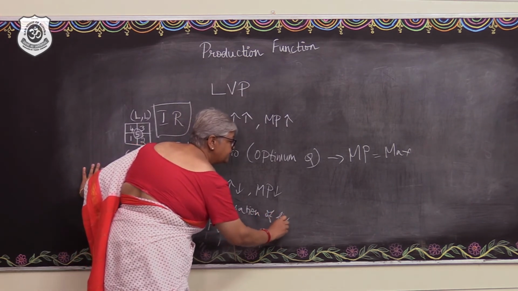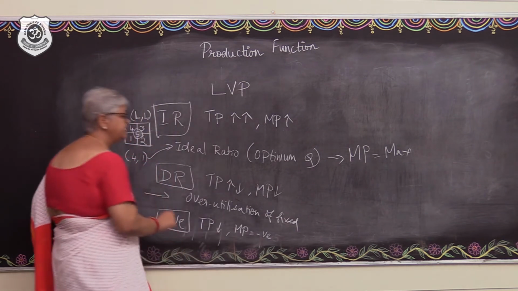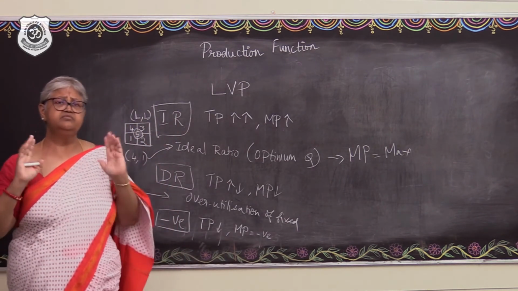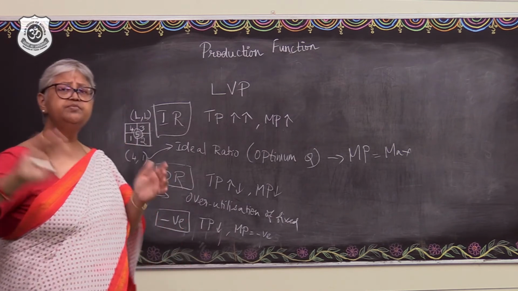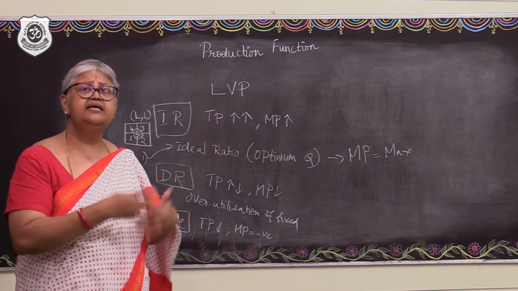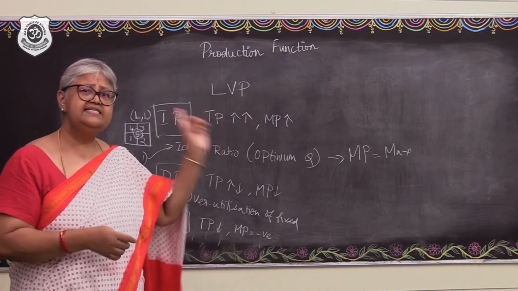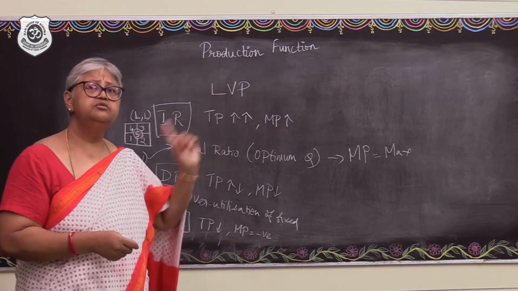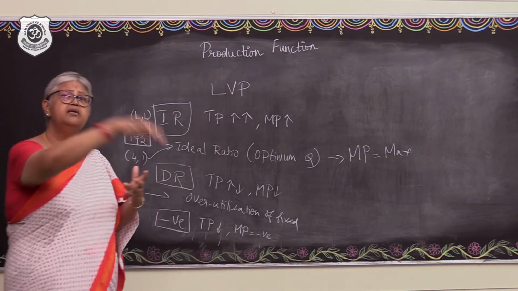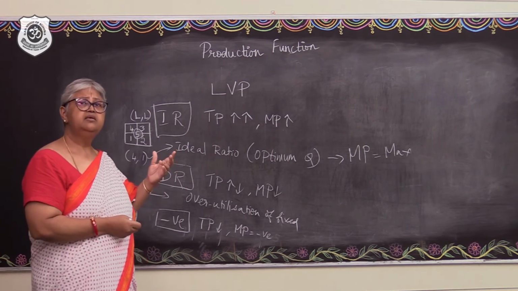So what happens because of this overutilization of the fixed factor? Now all this while the fixed factor, for the entire production process, is going to remain fixed, and increased output was gained by increasing the dosage of the variable inputs. 1, 2, 3, 4, more and more variable inputs, and more of total product was possible.